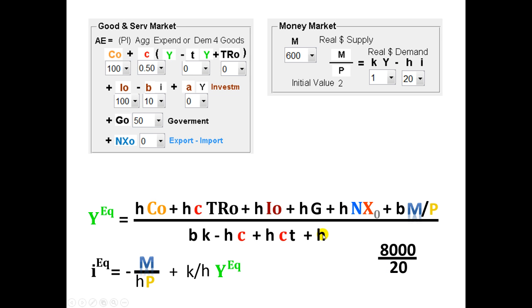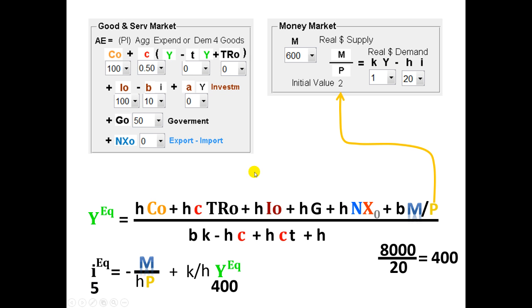But among all of these numbers, there is one that is going to be very important for the next video. Here we got this and this and this. We saw that in the previous video. But the important thing that I want to point out now is that the value for P is 2, which is the initial value for the price level that you need in order to calculate this Y and i in equilibrium.